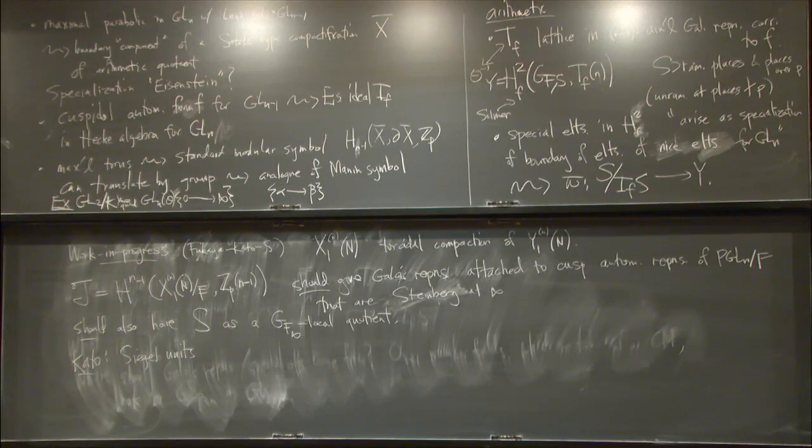But in this function field case, I don't really know how you distinguish Hermitian from linear. Without reviewing, I can't give a good answer to any such questions. But I will say that the toroidal compactifications are rather more complicated, because the monodromy is more complicated. What do the boundary divisors look like? Let me not answer right now.